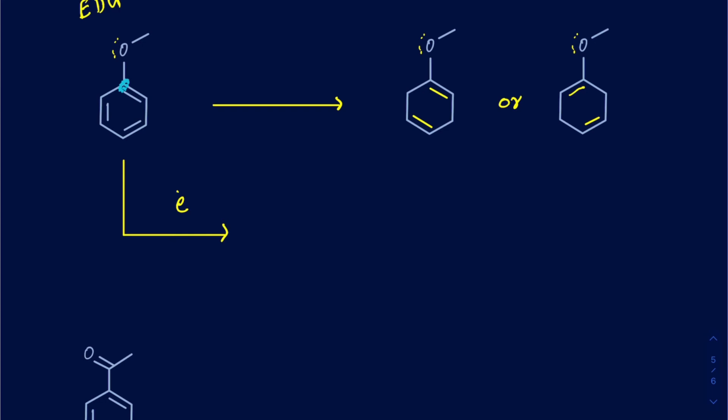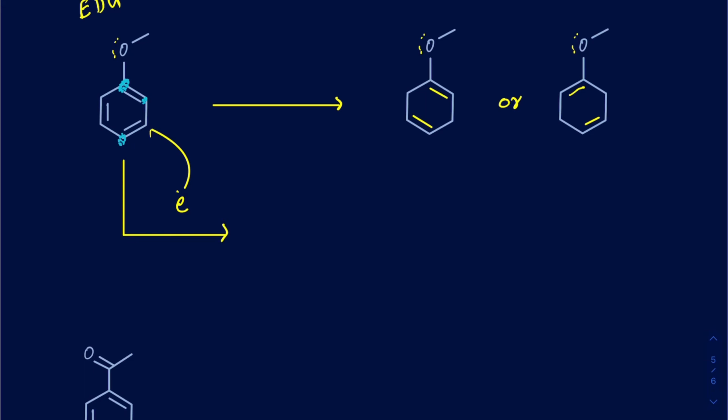So you can't put it right there, and I cannot put it on the ortho position as well, because if I put it on the ortho position, eventually it's going to create either the radical or the anion on that carbon, and I cannot do that on the para position either. So the only place that it can really go would be your meta position. So this is going to be the place of attack there.